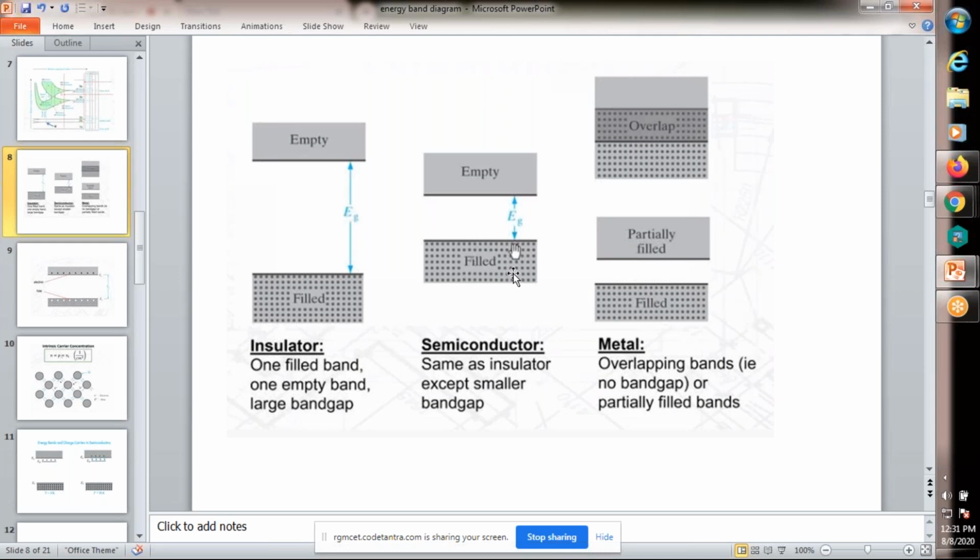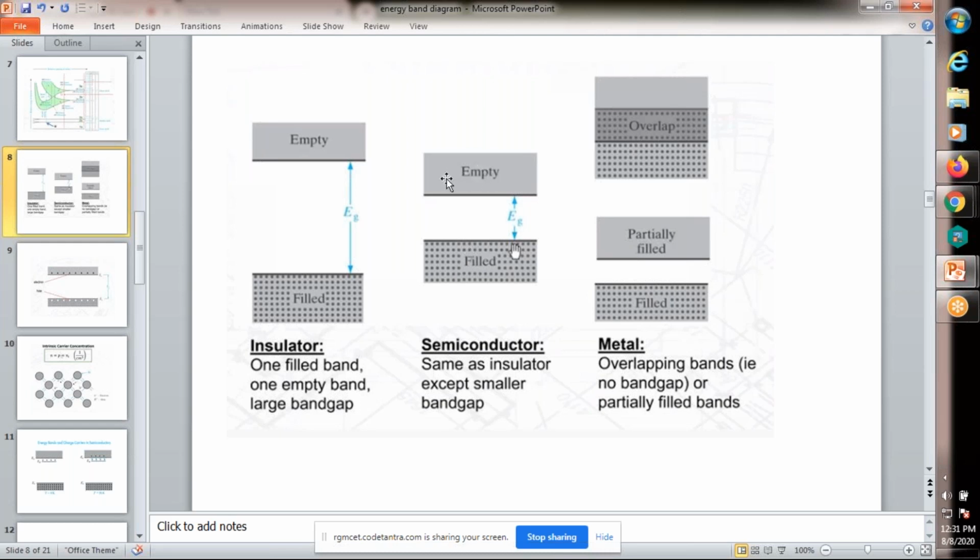Now coming to semiconductors, what happens here? The band gap between the conduction band and the valency band is very small, and that band gap can also be changed by using the doping concept. If we increase the temperature or apply some voltage, there is a chance that electrons available in the valency band jump into the conduction band.